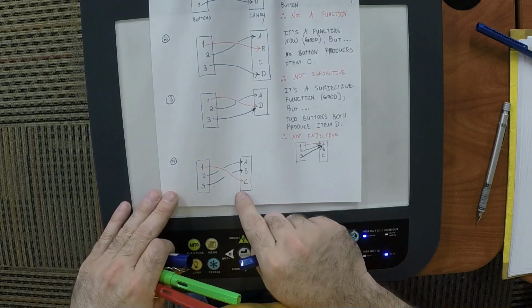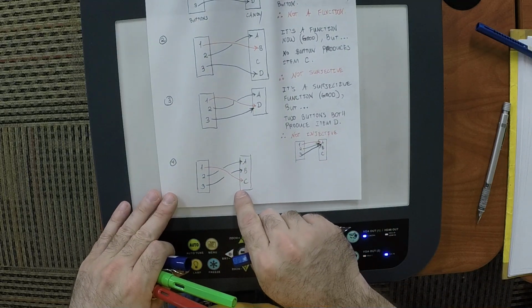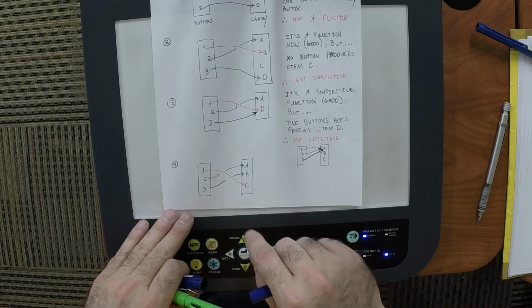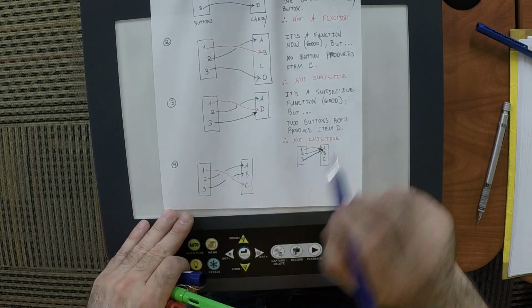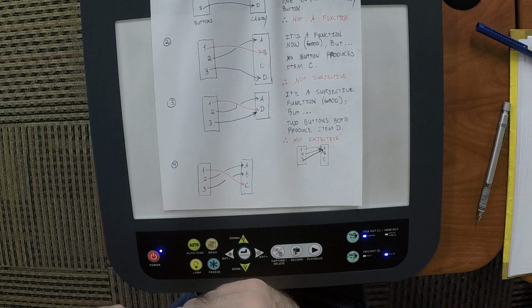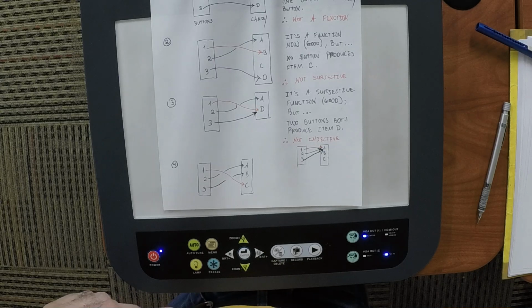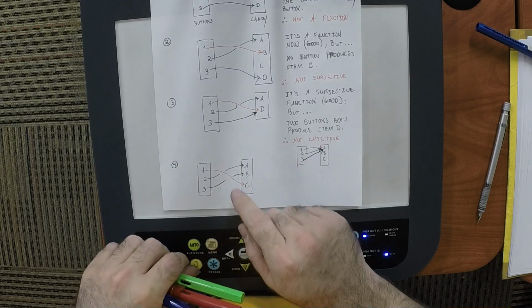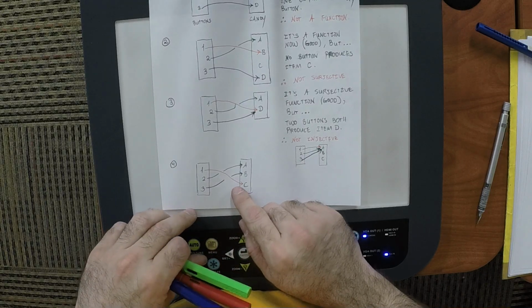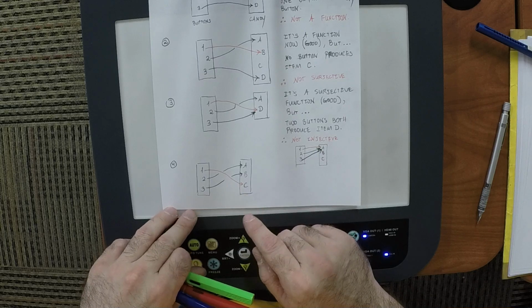Okay, so how about this one? Is it a function? Yes, it's a function because every button does one thing. Is it surjective? Yes, everything on display can be obtained. Is it injective? Because it's at most one.